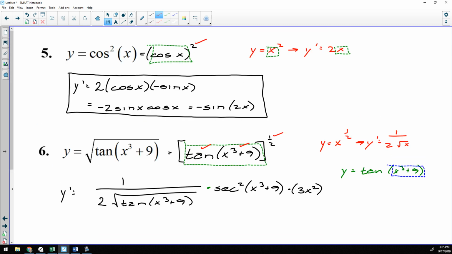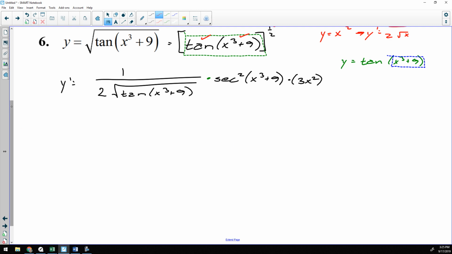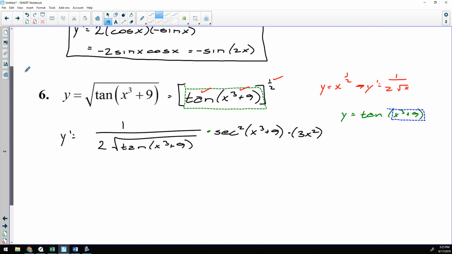Now, I'm going to rewrite this, simplify it a little bit. So if it's 1/stuff times all that, it just looks a little bit better. I'm going to move this secant squared of x cubed plus 9 times 3x squared. I'm going to put the 3x squared in front. I said secant cubed. I don't know what I said.